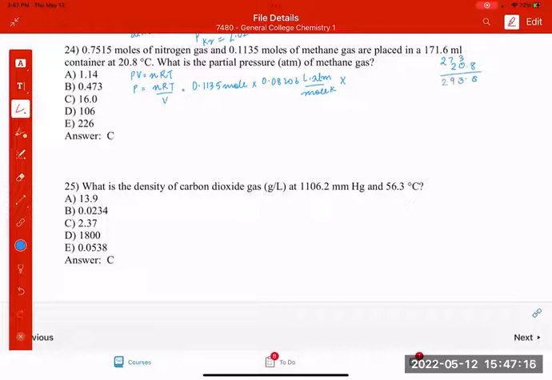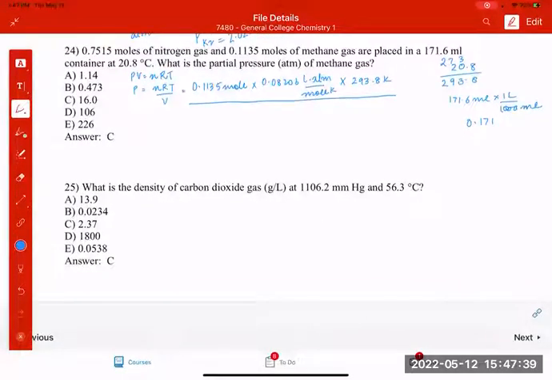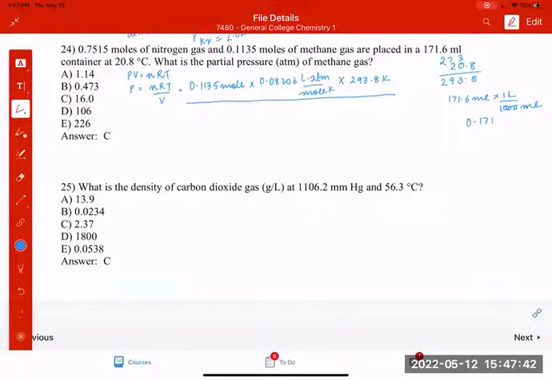That gives 293.8 K, over the volume, and just make sure that it is in liters. So 171.6 milliliters times 1 liter over 1000 milliliters makes it 0.1716 liters.